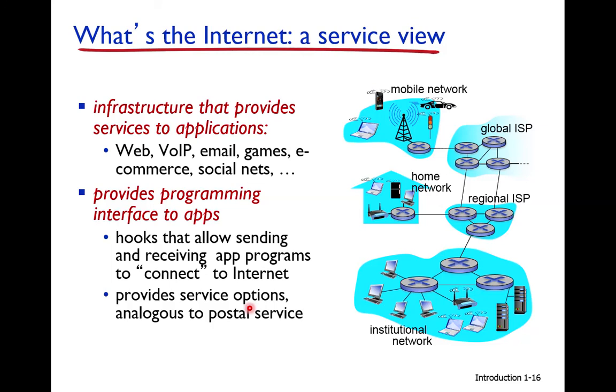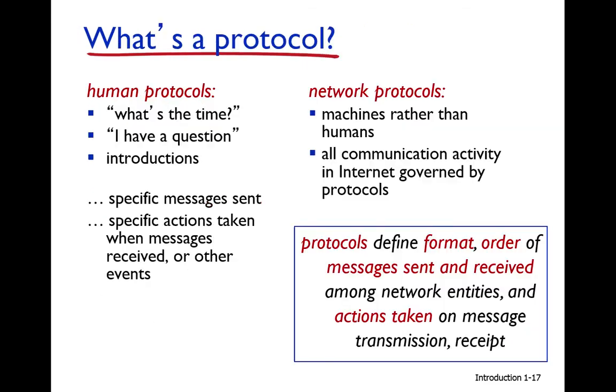How it is delivered is up to the postal service. Similarly, the internet is a communication infrastructure: the mobile user is connected to the internet and sends data, and it is the functionality of the internet to move the data from this mobile node to this desktop.